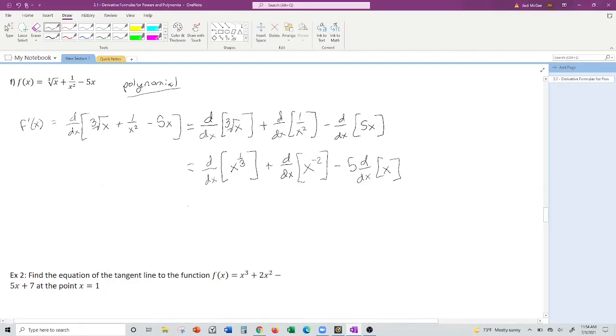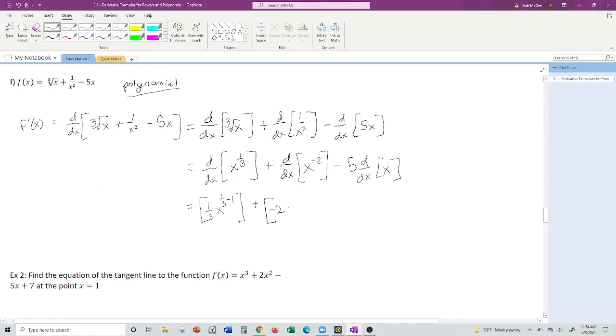Okay, so let's go ahead and calculate these derivatives. So we're going to take the exponent, bring it out front, so we have 1/3 times x, and then we have 1/3 minus 1 in our exponent. Then we're going to add our next derivative, so we'll pull down the negative 2.